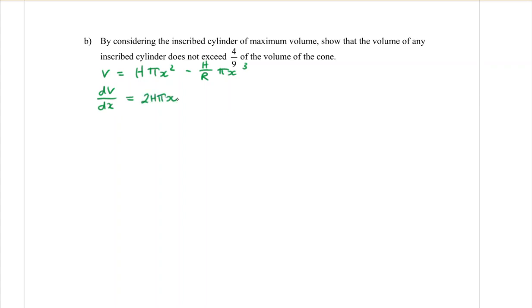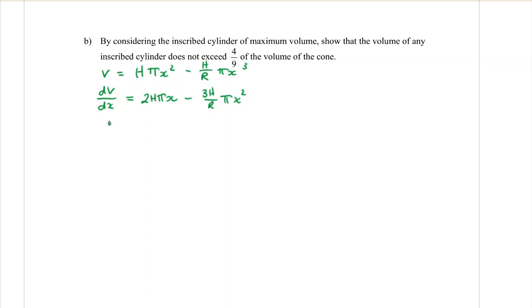If you miss a letter, or change a letter, like a h to a pi, you've got to be really careful, okay? Tiny little mistake can change the whole result. The second one, bring the 3 down, so that would be 3 times the h over r pi x squared.